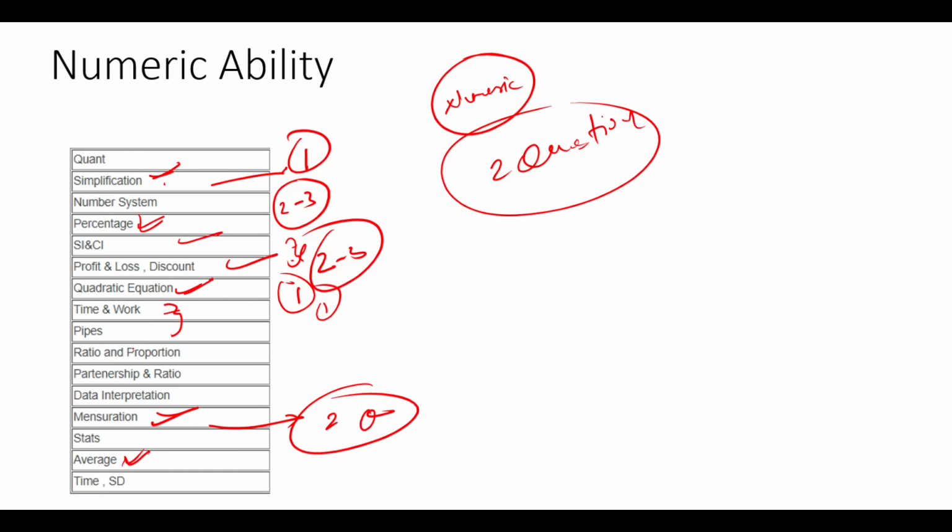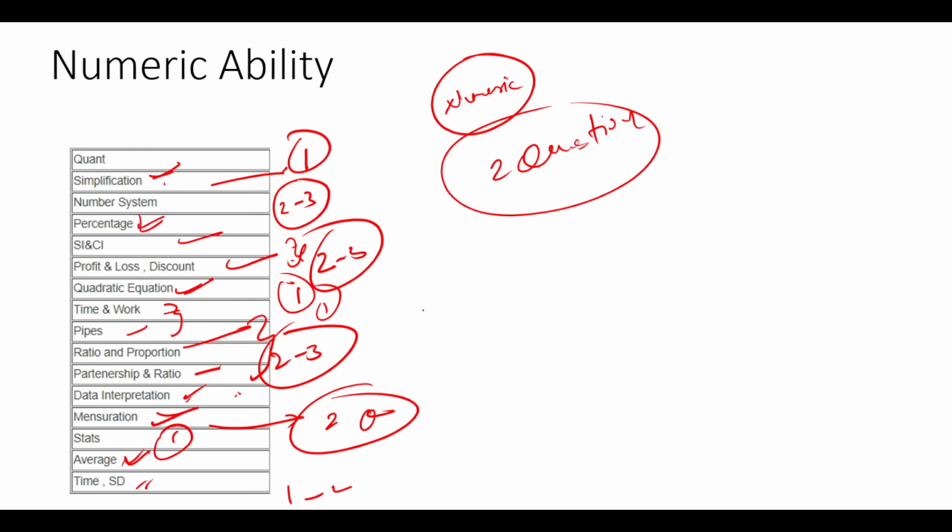From pipes, ratio and proportion, partnership, they asked around two to three questions. I don't think they asked a question this time from DI. From time, speed, distance, one to two questions, and from stats, one question.